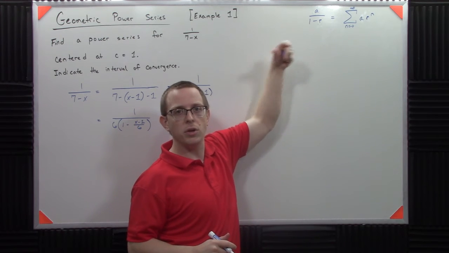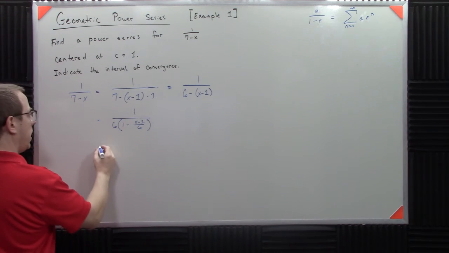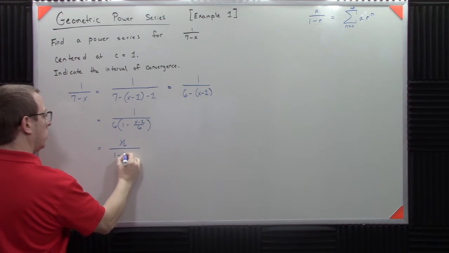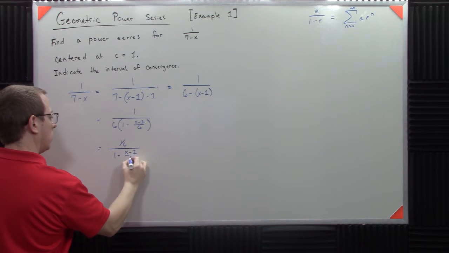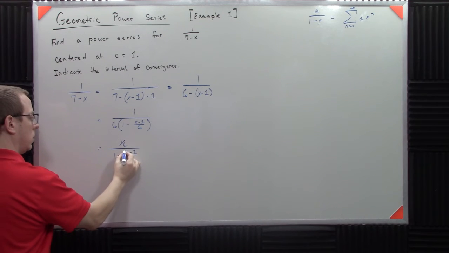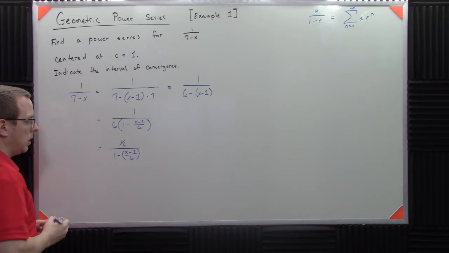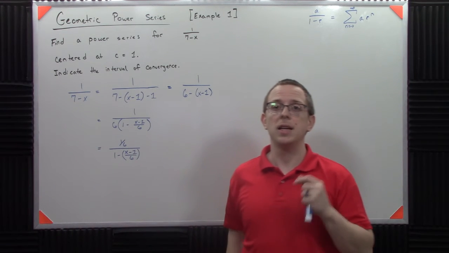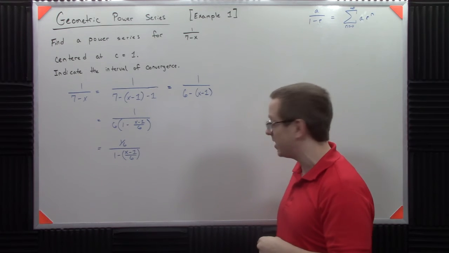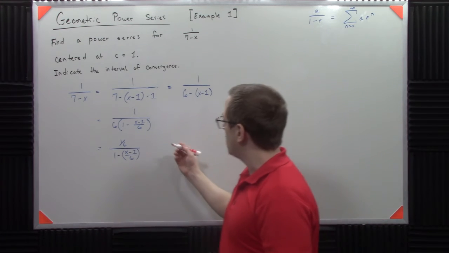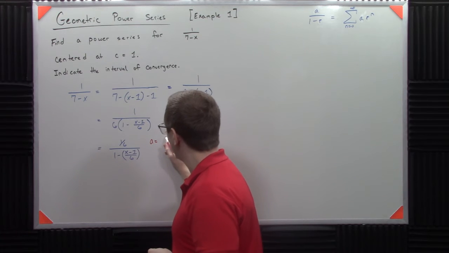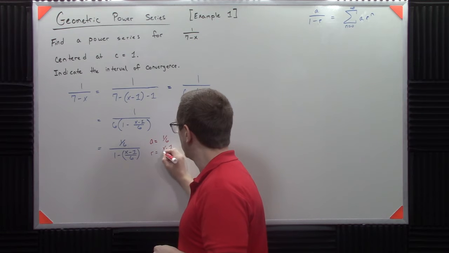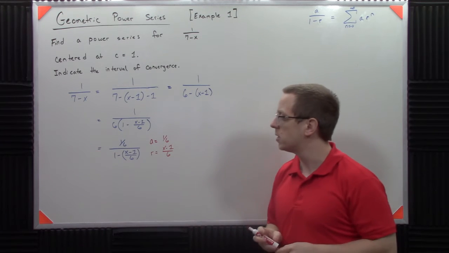So the easiest way to do this is to rewrite this again as a 1/6 on top, and now I have 1/6 over 1 minus x minus 1 over 6. Yikes. Which tells me that a is 1/6 and r is x minus 1 over 6.